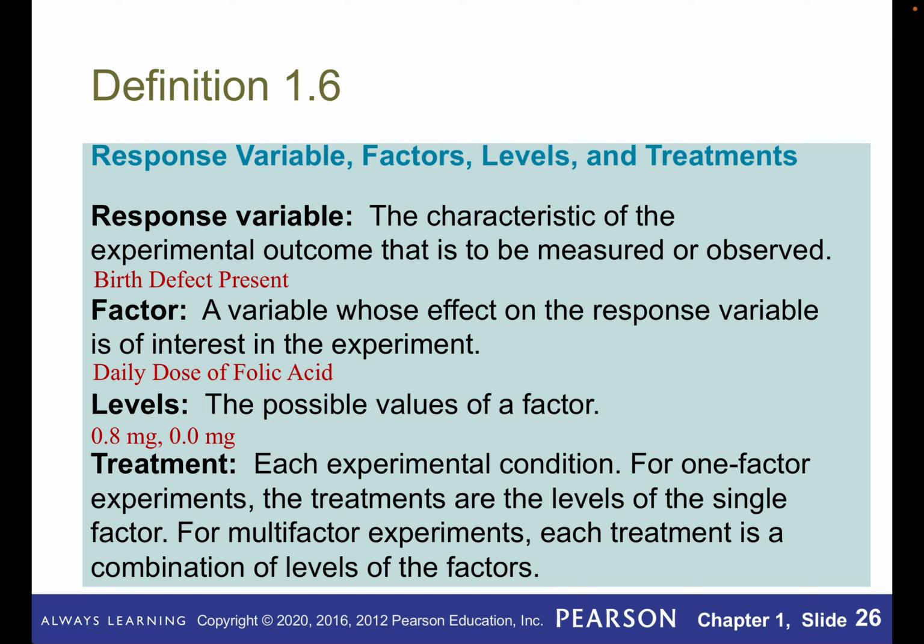In this case, two dosages were administered: 0.8 milligrams to those who actually received the folic acid, and none to the control group. The treatment, remember, is the combination of the levels of the factors, and in this case, since we just had one factor, the levels and the treatment coincide.